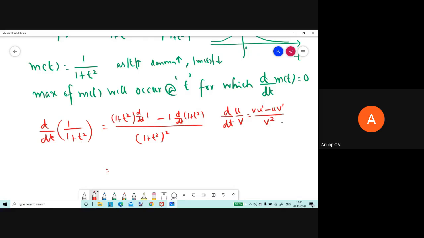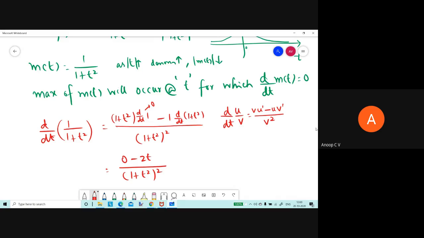What is d by dt of a constant? It is 0, right? So it will be 0 minus d by dt of 1 plus t square, which is 2t. So 0 minus 2t divided by 1 plus t square the whole square.